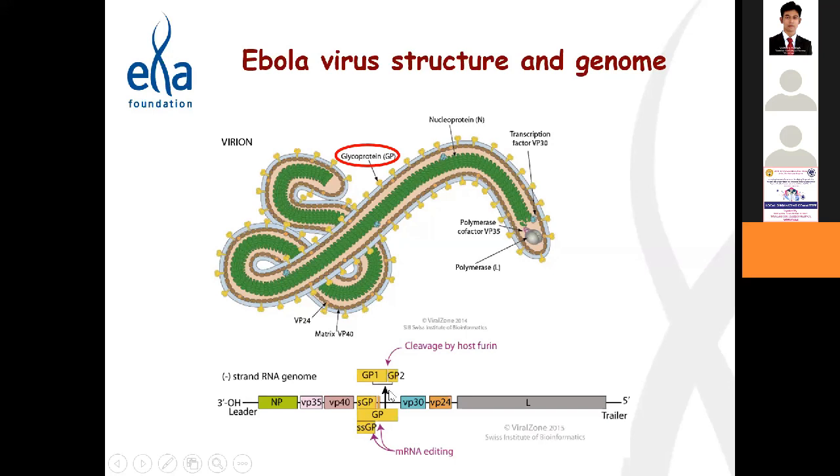The third form of GP is shorter than the secretory GP, so they call it SSGP. The full-length GP is again cleaved into GP1 and GP2 by the host furin, which then trimerizes and forms part of the virus structure.